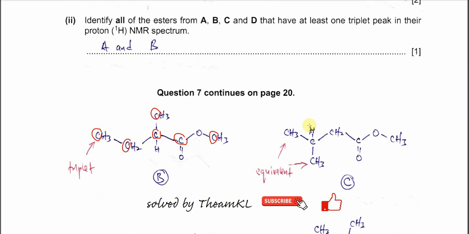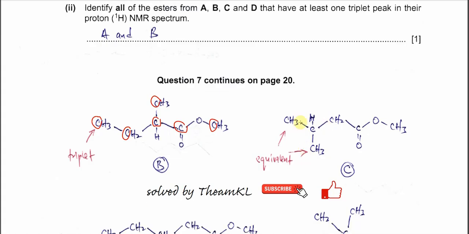For C, you have to be careful. Let's look at the proton here. These two protons are equivalent protons. They have the same chemical environment. That's why these two protons will give one signal. So 1, 2, 3, 4.